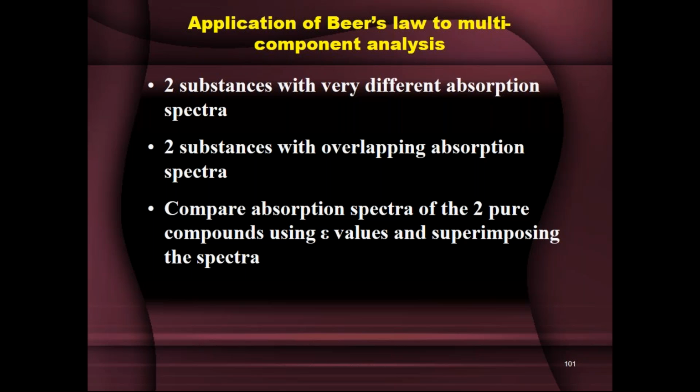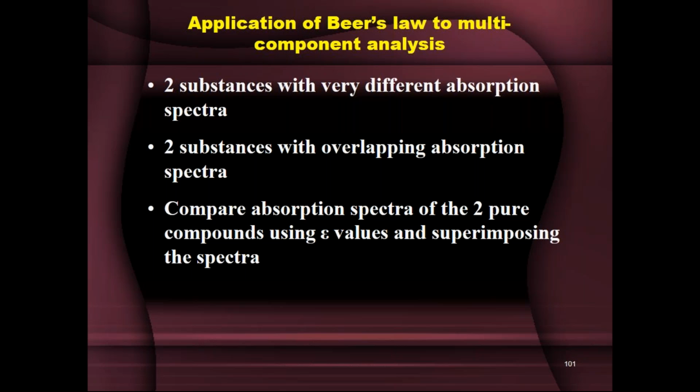Now, how do you find out paracetamol concentration and how do you find out ibuprofen concentration or the amount in a given tablet? For that, we need to use Beer's law and apply it to multi-component analysis. So how do we go about doing this?